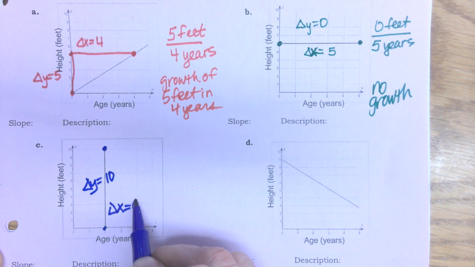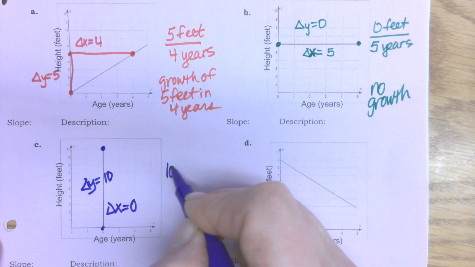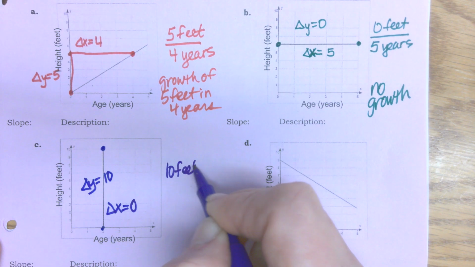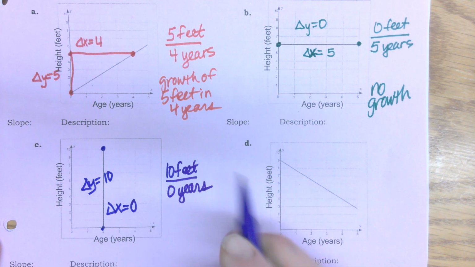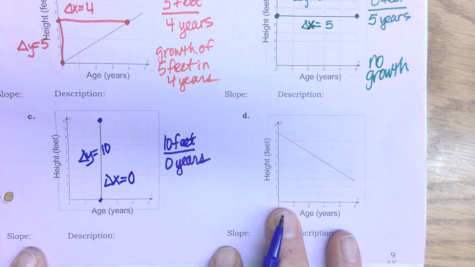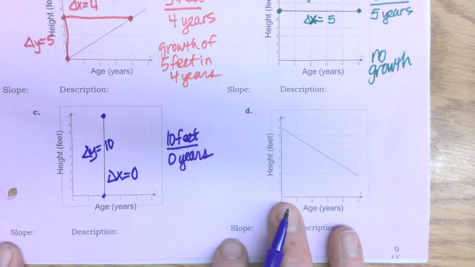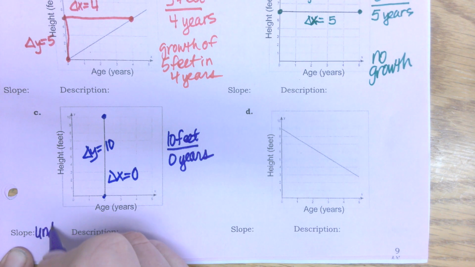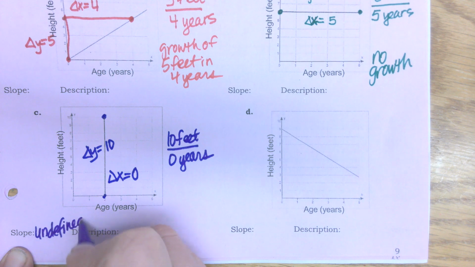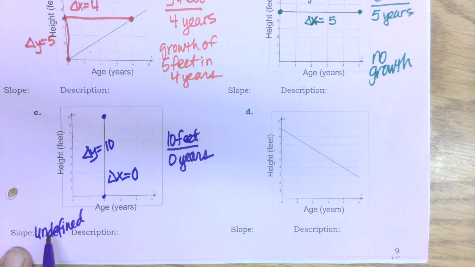No. 0. So we say 10 feet in 0 years. I heard somebody say that that is undefined, and I agree. That's an undefined slope because you can't divide something by 0. So my slope is undefined.